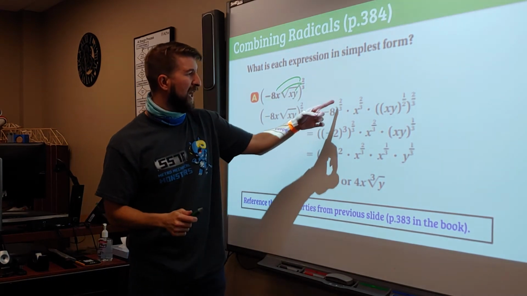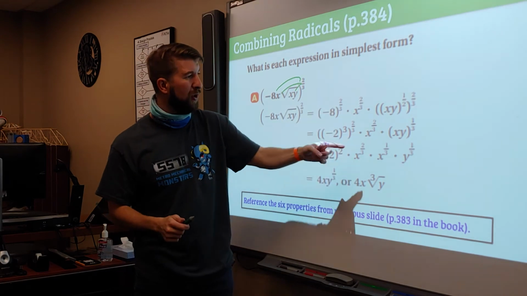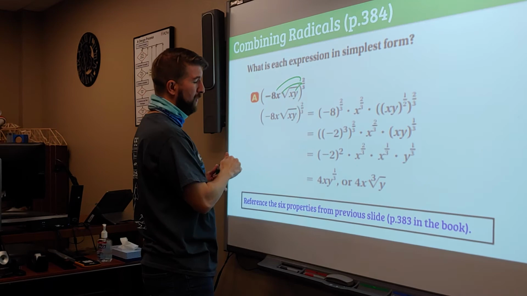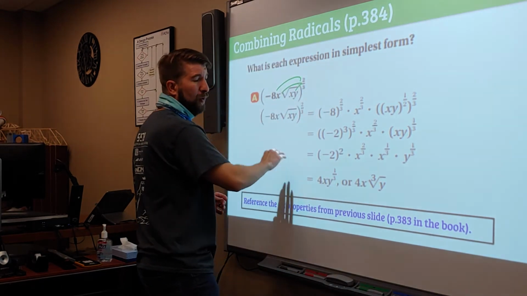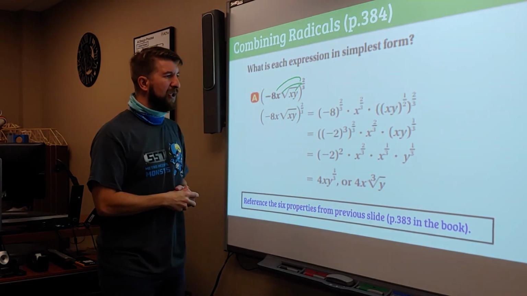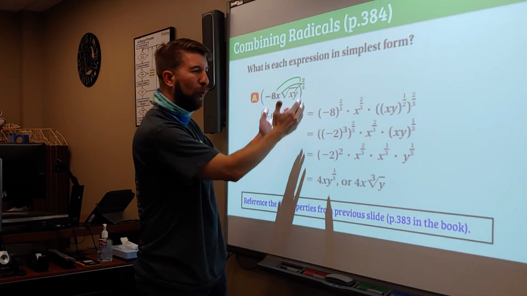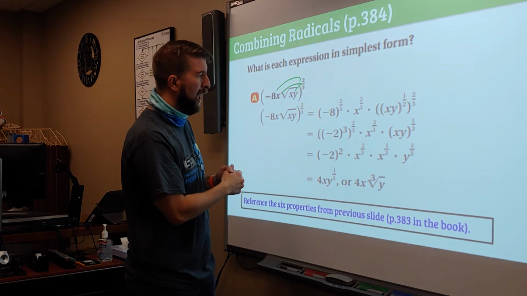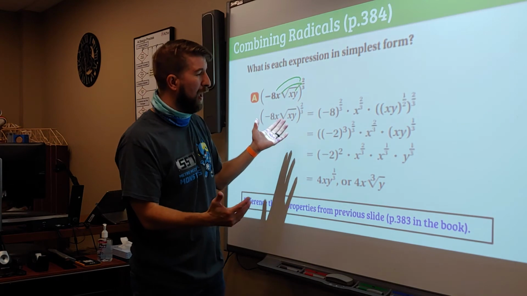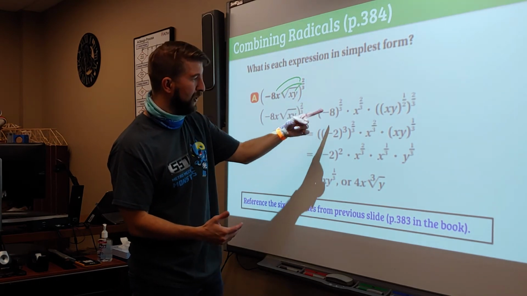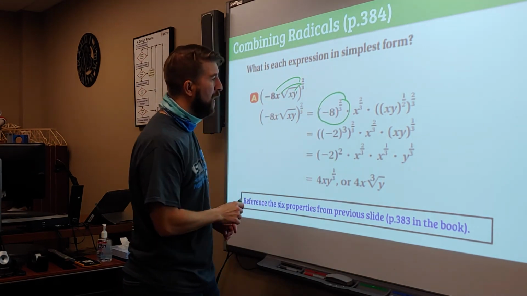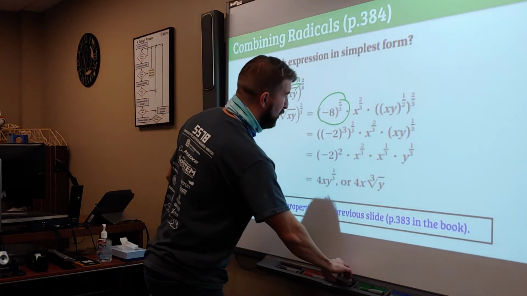So negative 8 to 2/3, x to 2/3, xy, and they went ahead and got rid of the radical, and then put the little fraction, and then put that to 2/3. And so what you're going to do is work your way through this and solve. On this one you could just use your calculator on this first part right here, but they're going to walk you through it step by step.